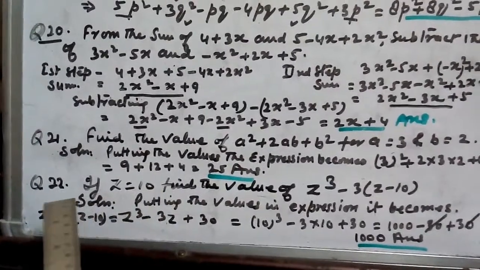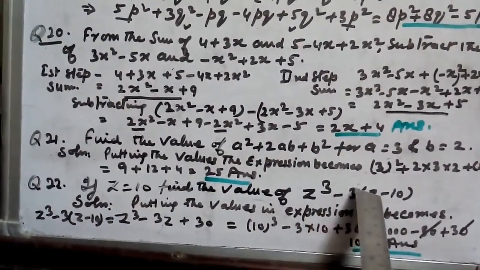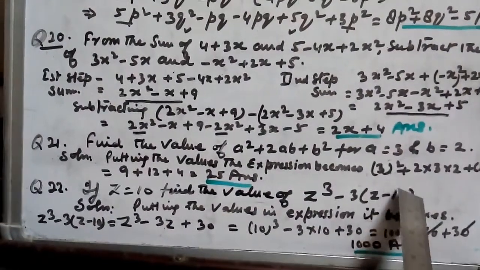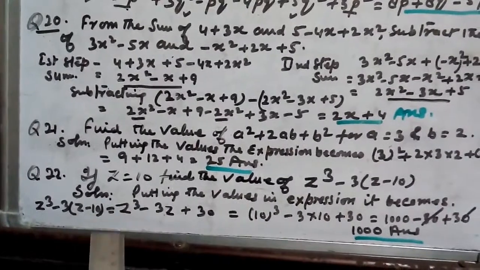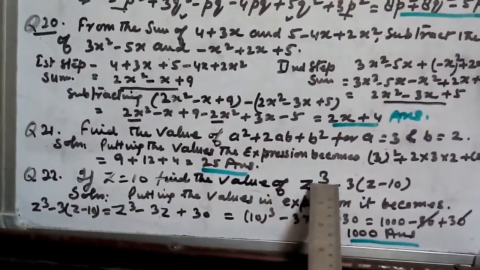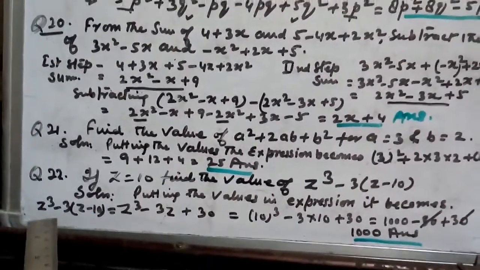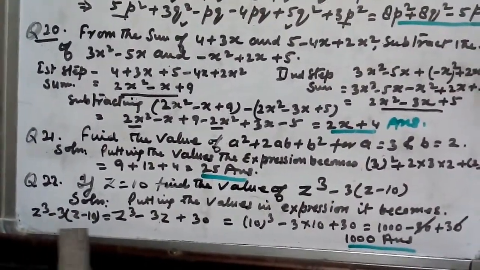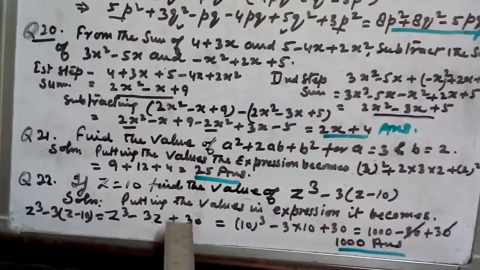Now the last question is, if z is equal to 10, find the value of z cube minus 3 bracket z minus 10 inside the bracket. Again, putting the values in the same expression, first you have to open this expression like this: z cube minus 3 bracket z minus 10 is equal to z cube minus 3z plus 30.